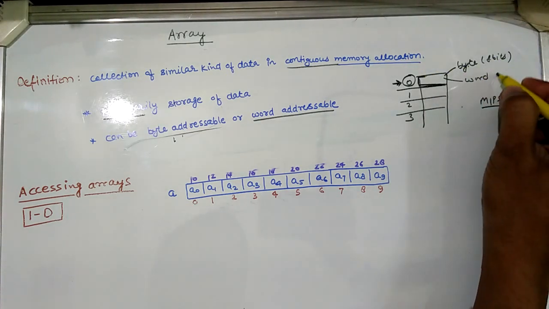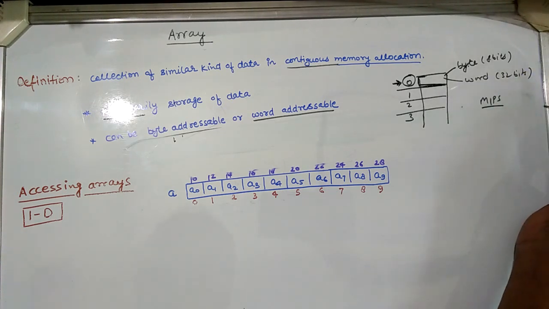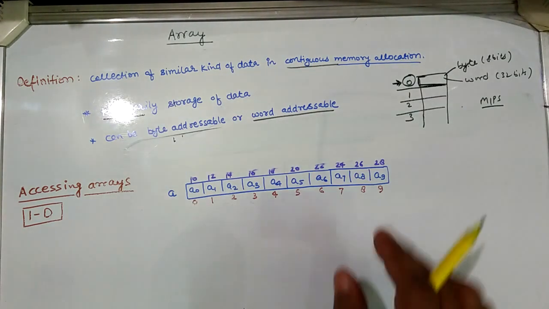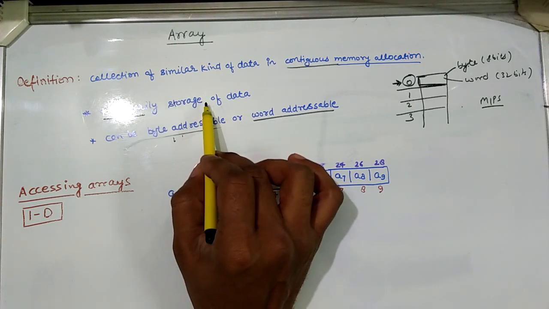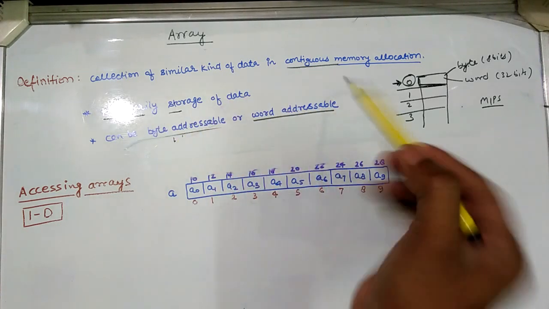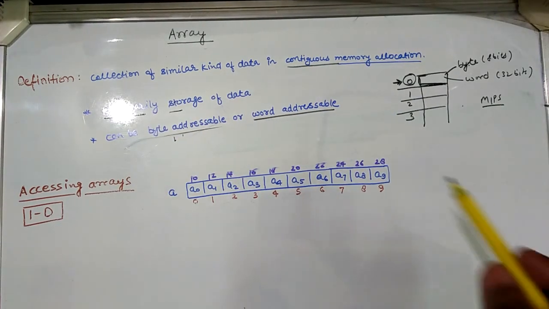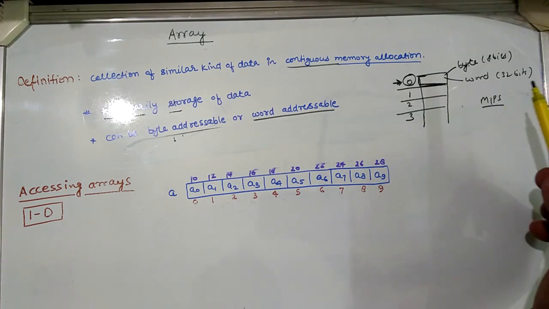If array is word addressable, it will contain 32 bits for each block. So this is how array can be represented in memory. As array is a temporary storage of data, the data storage is temporary. After your program stops execution, the memory of this array block is freed up.